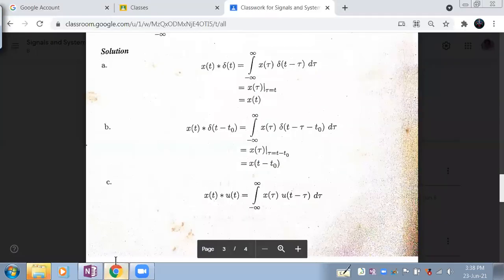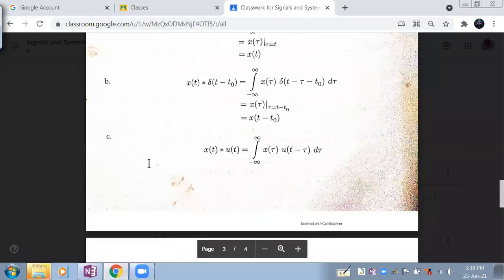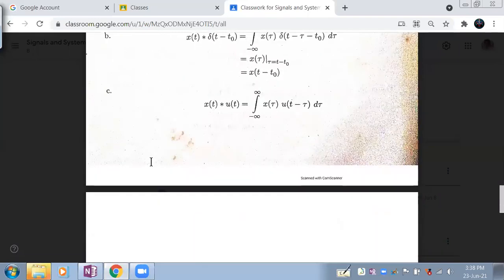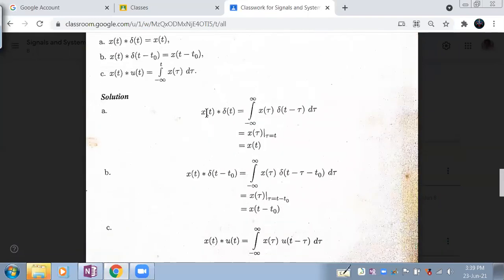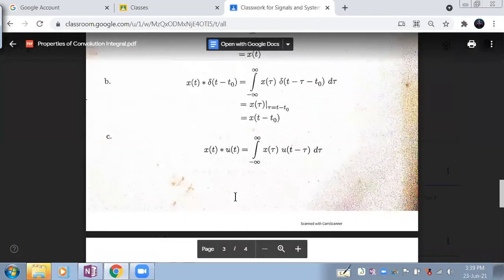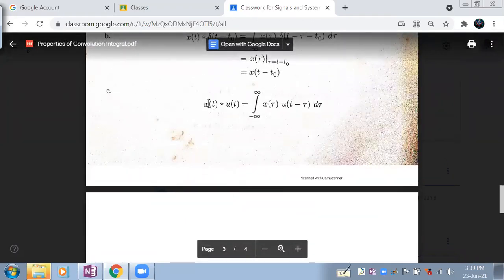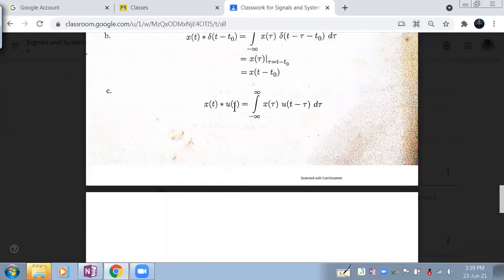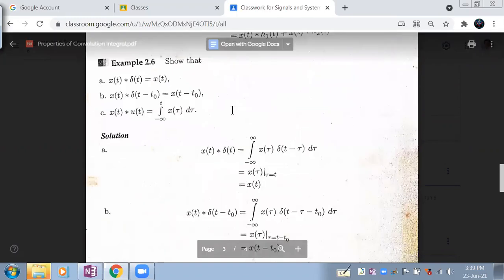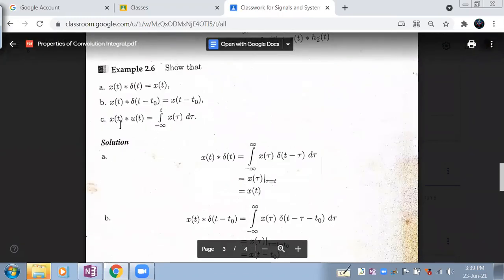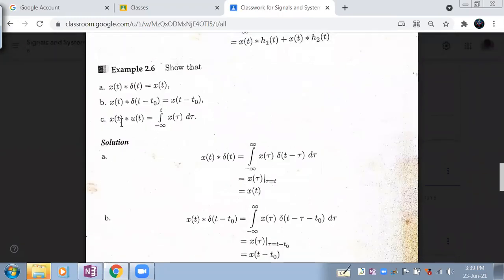Understand? So what is the third property telling you here? See here, it's all convolution of a signal with impulse functions and shifted impulse functions. Now suddenly you have x of t, a signal being convolved with the unit step function. So what is it told here? They're just telling us that if you convolve your signal with u of t, then it is this.